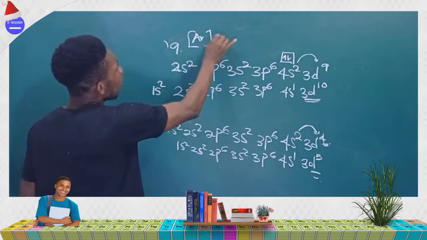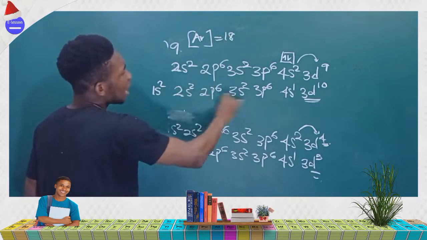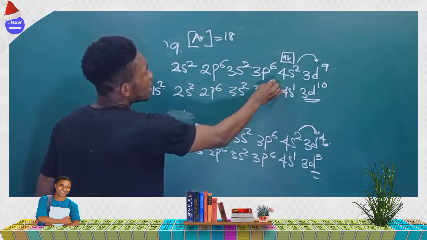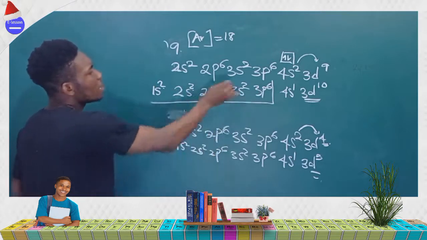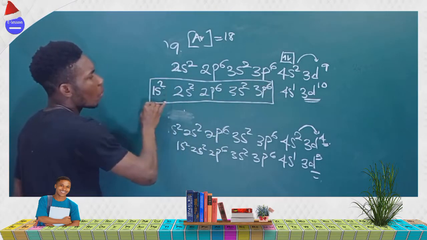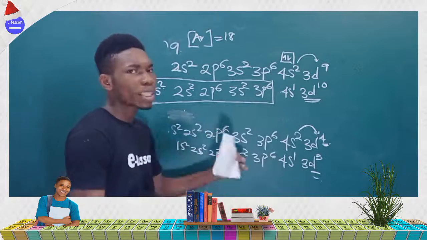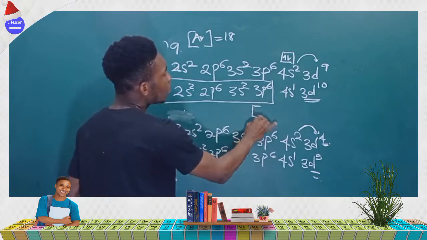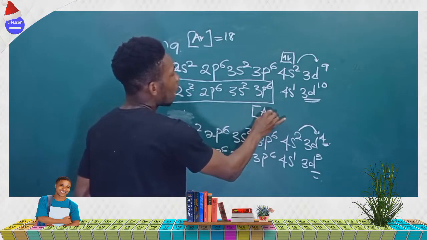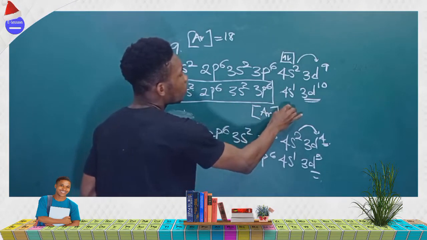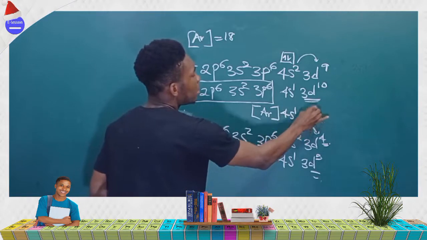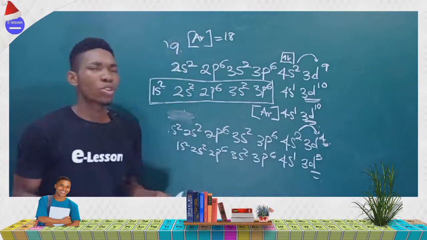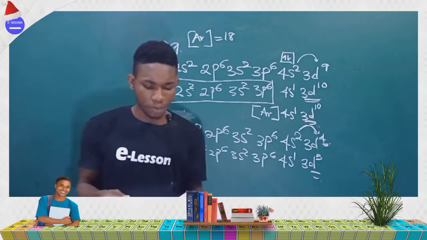The atomic number for argon is 18, so you count 18 out of this: 4, 10, 12, 18. So from here to here is the electronic configuration for argon. Why are we doing this? In order to condense it, so that you'll not be writing all this. So in place of this whole thing here, you put argon in brackets, then you put 4s1 and 3d10. So this is the electronic configuration for copper.